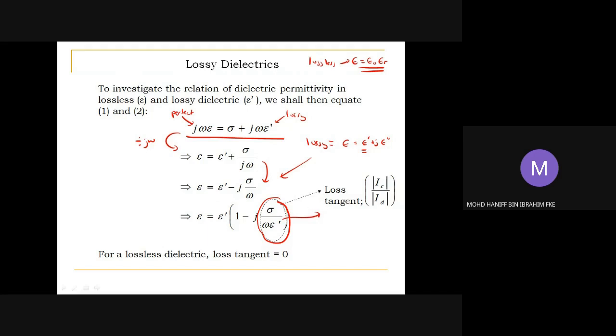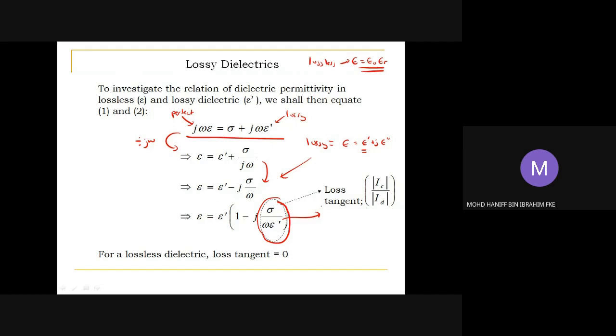Loss tangent is a parameter used to characterize the lossy behavior of the dielectrics. I repeat again, loss tangent is a parameter which is used to characterize the lossy behavior of the dielectrics.